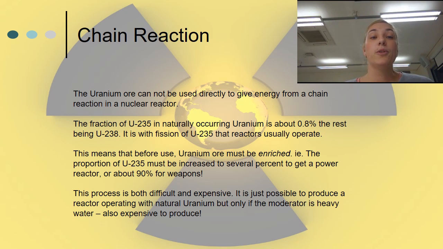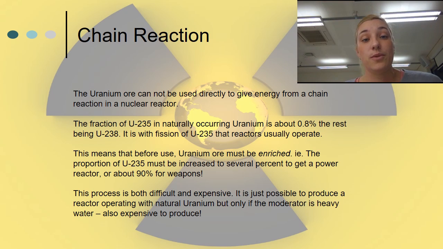So before we're able to use the uranium, it has to go through a process called enrichment, or to be enriched. So you might have heard that term before. Now, the proportion of uranium-235, that useful isotope that they put in the reactor, has to be increased to several percent to be able to get useful power for a reactor.